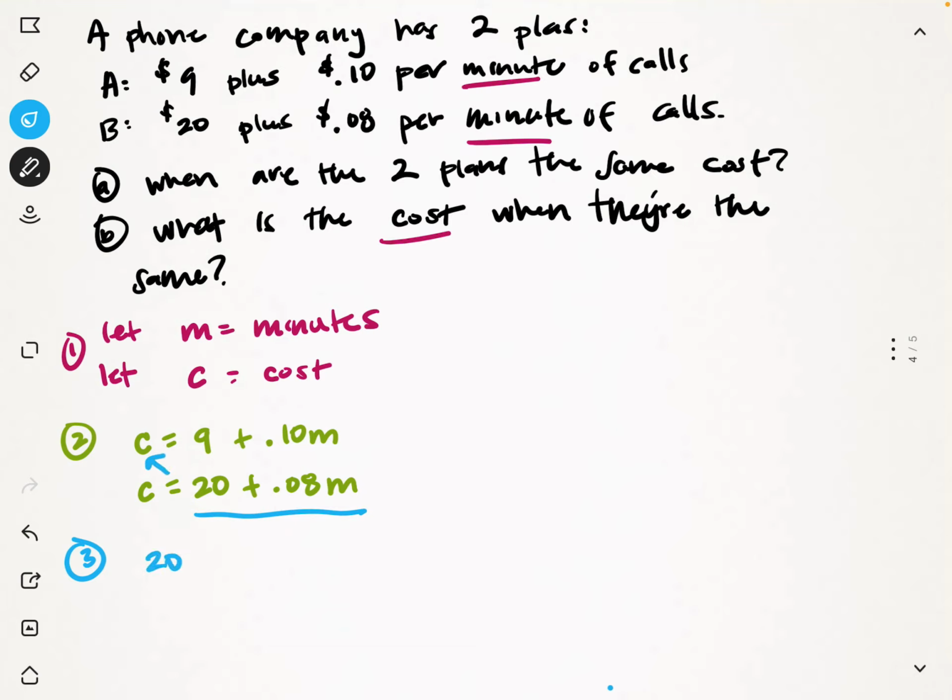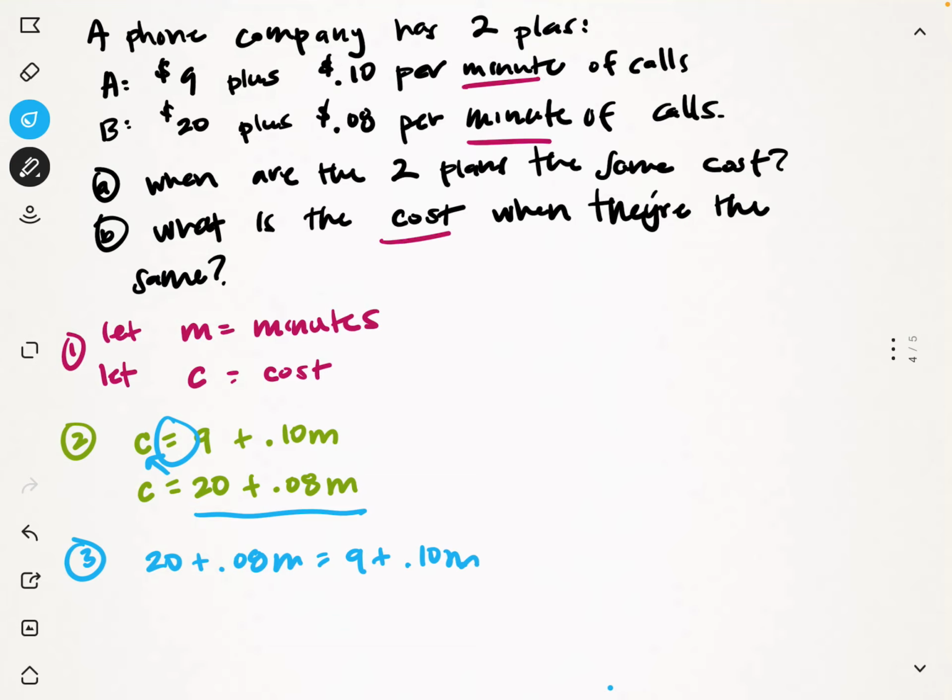So 20 plus 0.08 m is equal to 9 plus 0.10 m. Another way to think about it is because C is equal to both of them, we can just set the 9 plus 0.10 m and 20 plus 0.08 m equal to each other.